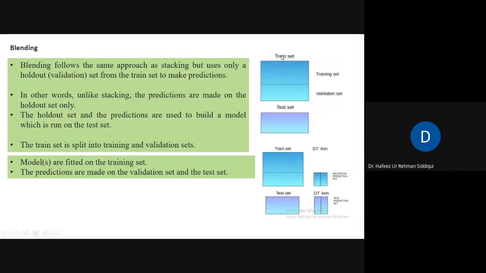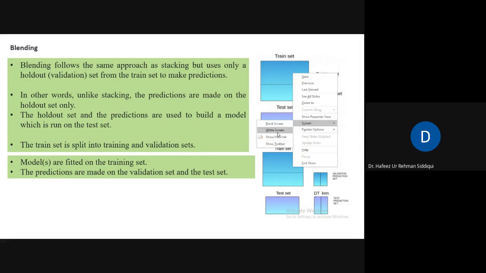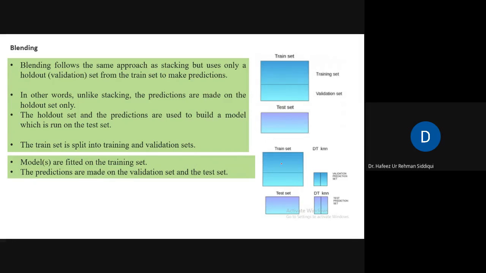All right. So you have a train set. In the train set, you have two parts: training set and validation set. And this is the test set, as usual. So you have a decision tree classifier, train on this part, and validate on this.